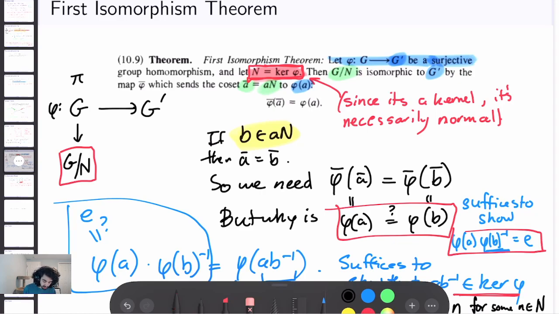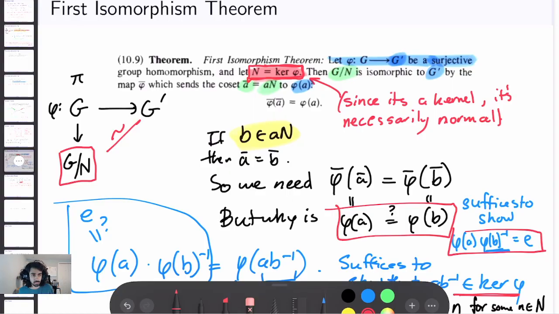And the claim is that these two things are isomorphic. In fact, the action of phi looks exactly like the action of pi, except that we relabeled the cosets to look like things in G prime, but somehow the structure underlying them is precisely the same.